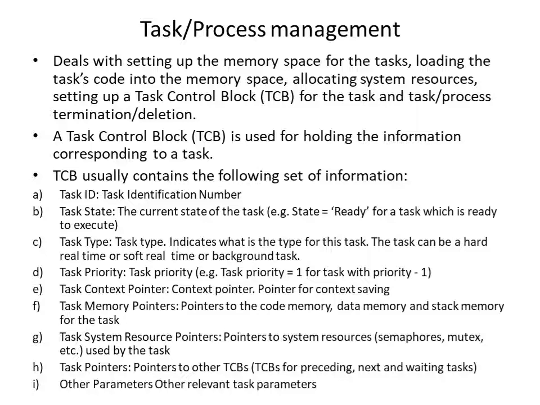It can remove or delete the TCB of the task when the task is terminated or deleted. It reads the TCB to get the state of the task. Then it updates the TCB with the updated parameters depending on the need.